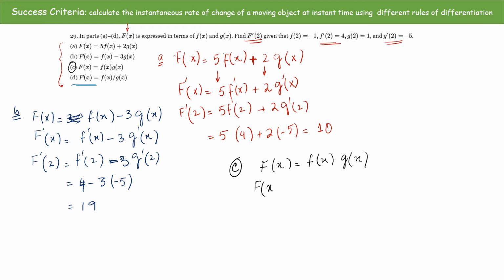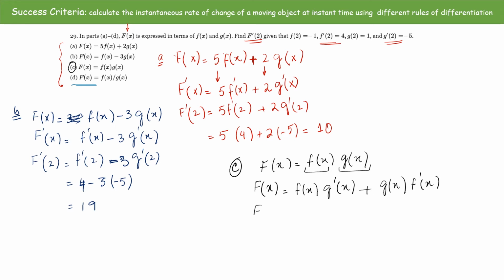According to the product rule, this is the first function and this is the second function. f g prime plus g f prime. It means we write the first function as it is, then take the derivative of the second function. According to the rule, we write the positive plus sign, then write the second function as it is and take the derivative of the first function.